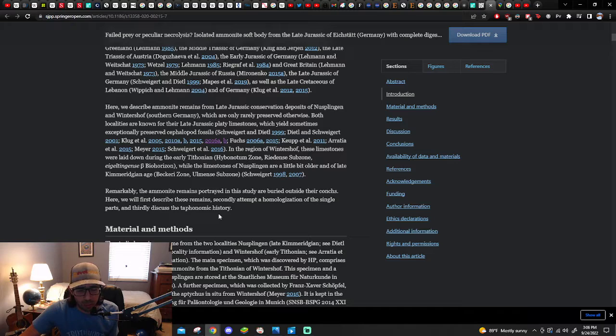Something just grabbed it and left it outside the shell to then be buried. Dude, look around. You see anything dead on the ground that's just sitting there? Something eats it.